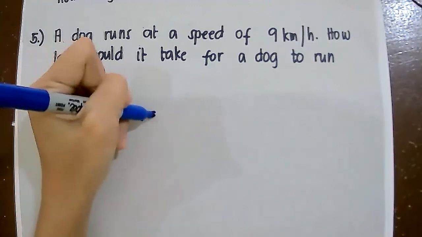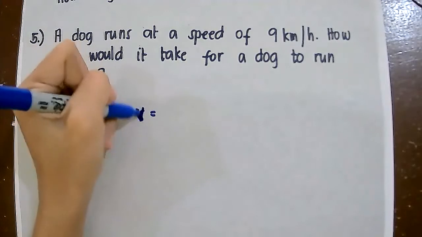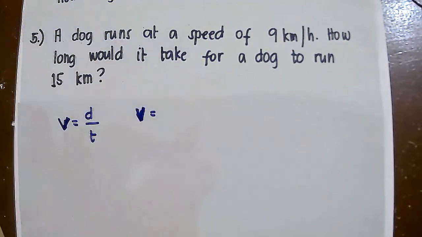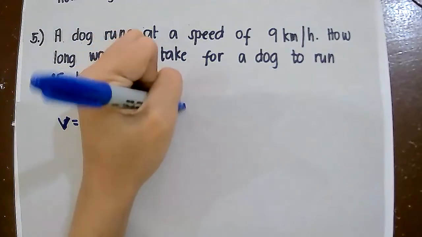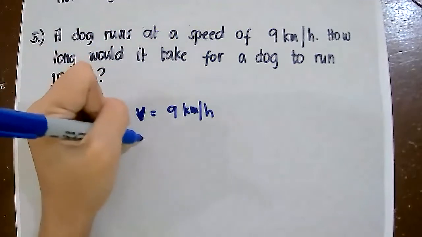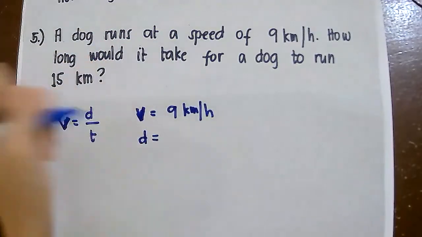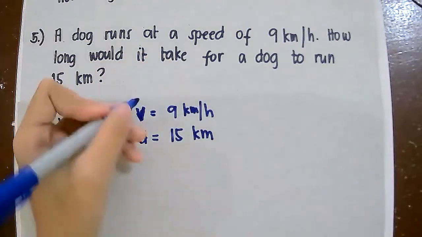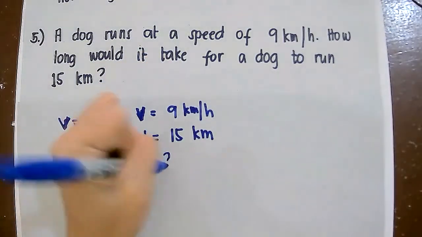Given tayo ng speed, speed is v. Given tayo ng speed which is 9 kilometer per hour, and then your distance is 15 kilometers. Okay, so in this case, we are going to look for your time.